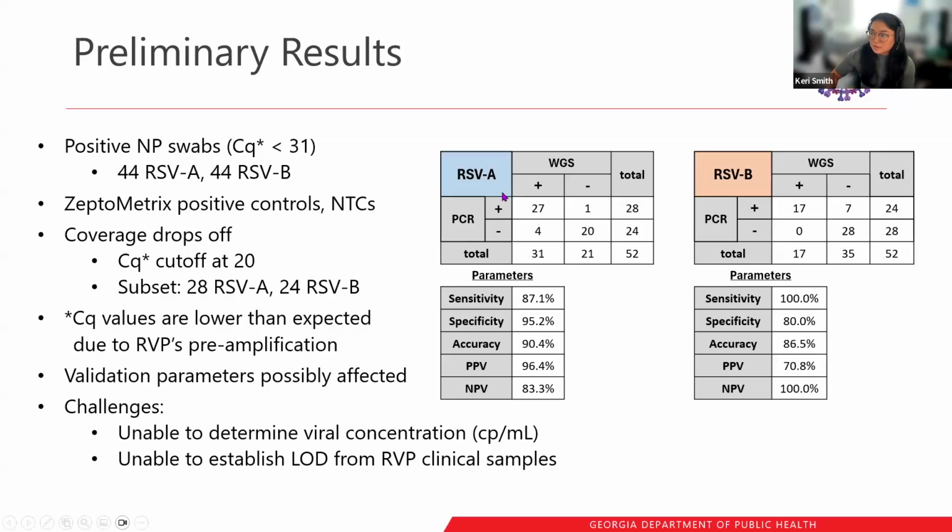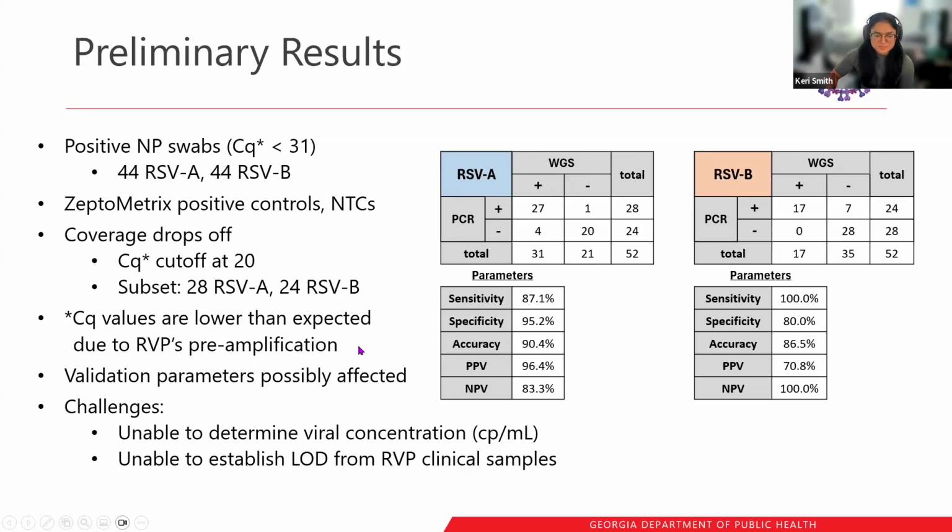You see on the right in this table, PCR represents the RVP assay, and that's our comparator, our ground truth. And WGS is our test method. We can see that most of these samples are in agreement between each other.